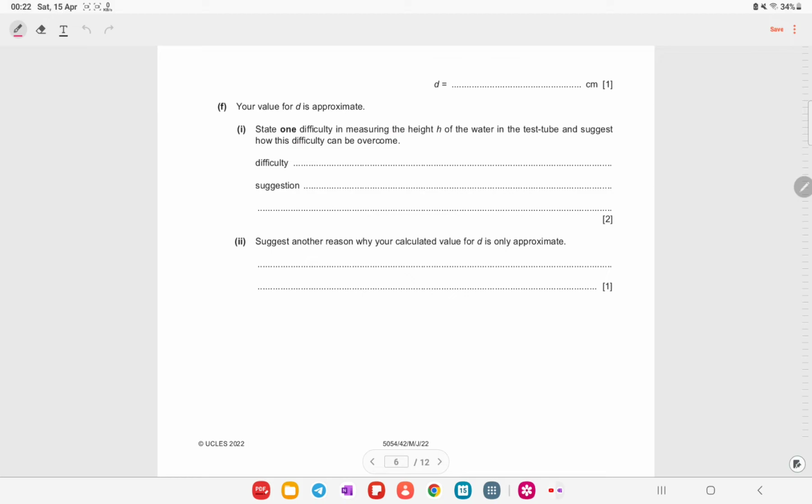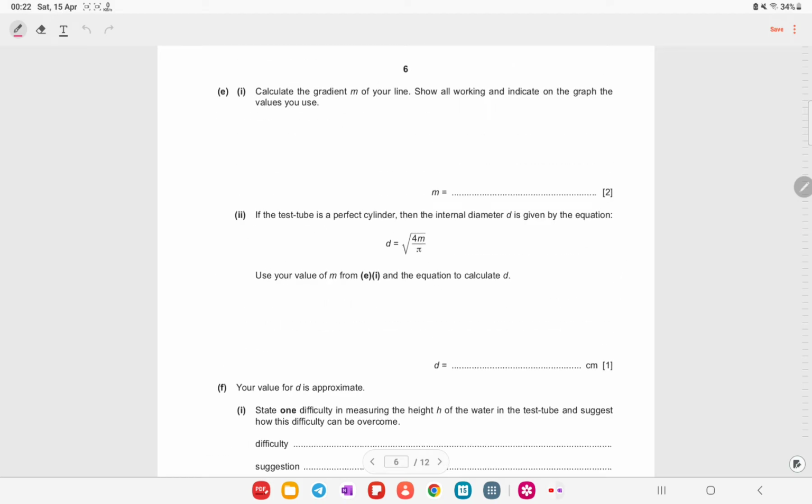Okay, the next question is: calculate the gradient m of your line, show all the working and indicate it on the graph. So if you plot those values, the graph would be like this. So my gradient values, when I did this paper, I took these 2 points, and these 2 points have values of 4 and 15, and this point has values of 12 and 44.